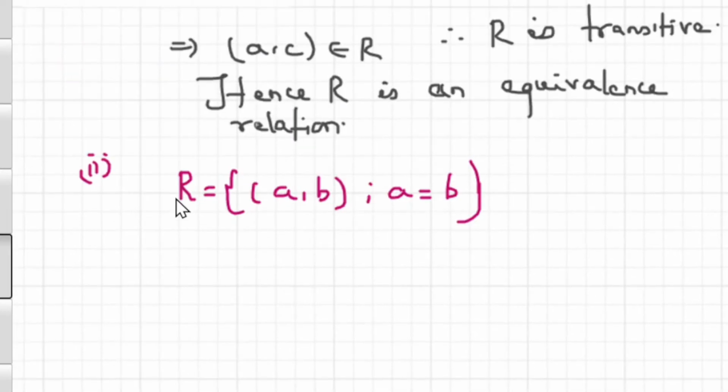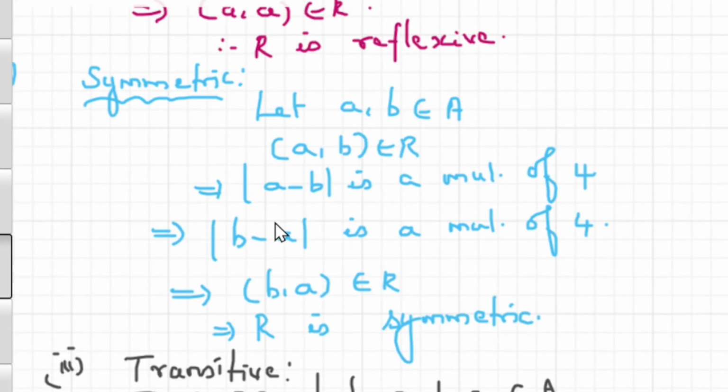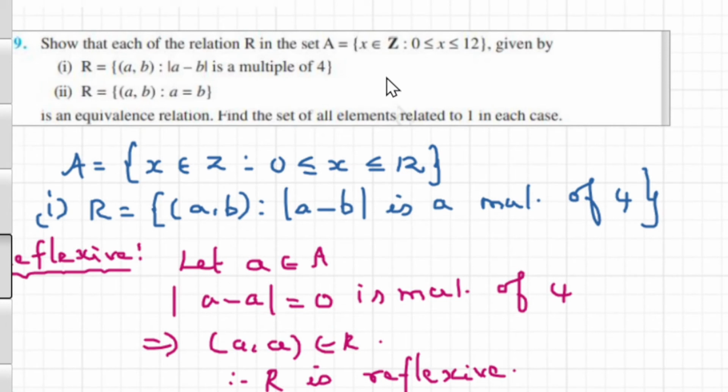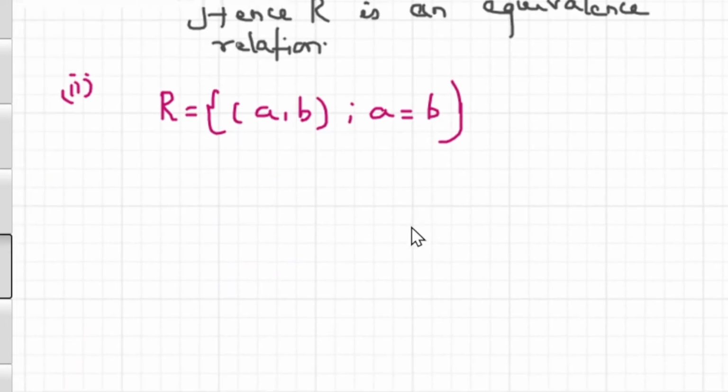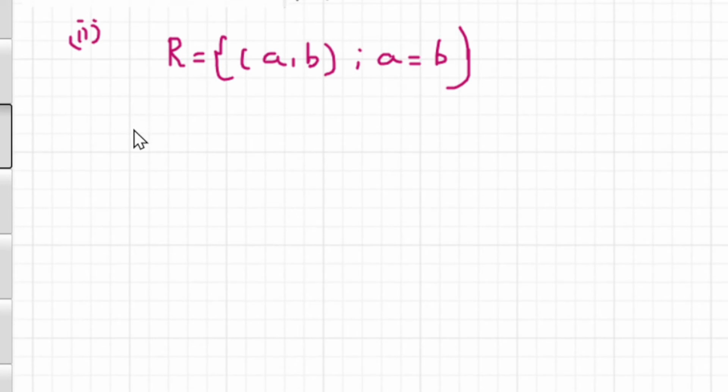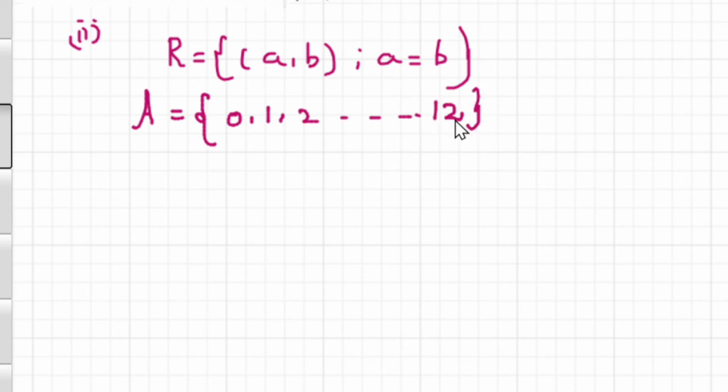So in this it is given the set A is 0 to 12. Here it is given X belongs to the integers 0 to 12. So we can have 0, 1, 2, 3 up to 12. But it is given that both are the same.